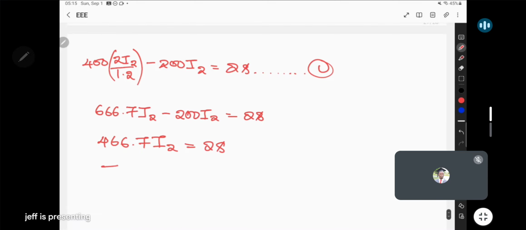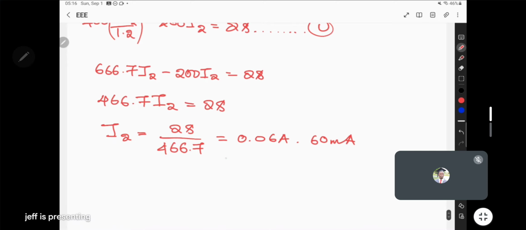And finally, I2 will be equal to 28 divided by 466.7. That's 0.05999, so 0.06 amps. Of course, presented in milliamps, this can be 60 milliamps, whichever is comfortable.